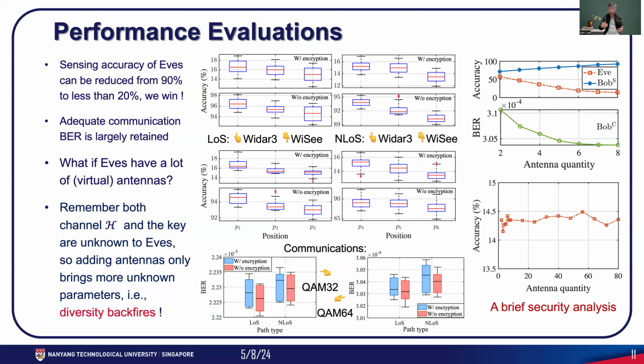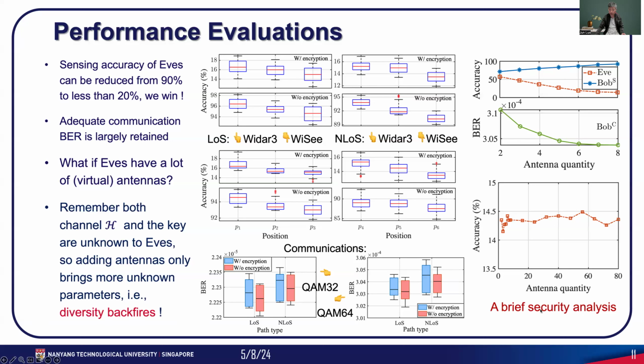If the attacker has a lot of antennas, obtained either by physically having a luxury detector or Wi-Fi card with many antennas, or by moving around and creating so-called virtual antennas, could he or she use this diversity offered by antennas to decrypt our encrypted physical behavior? The answer is actually no.